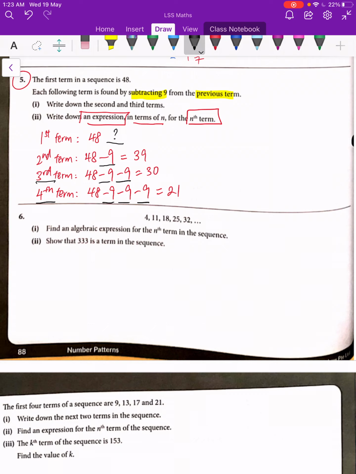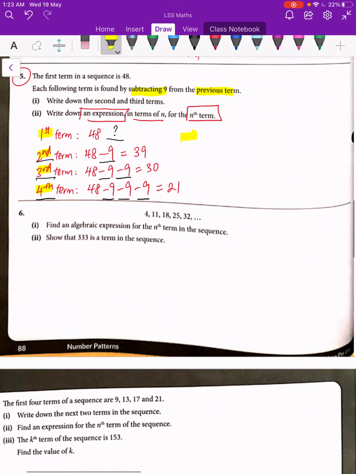When I subtract 1 set of 9, it gives me the second term. So it seems that for any n term, the number of 9s that they subtract is based on the position of the term minus 1. For the first term, they didn't subtract any 9.